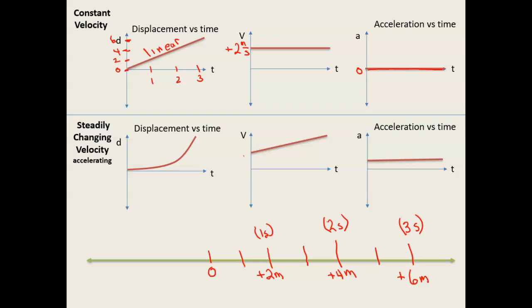let me just erase this stuff here. And again, we're talking about straight line motion. Okay, so in this situation, an example might be where we're here in, let's say, a car.